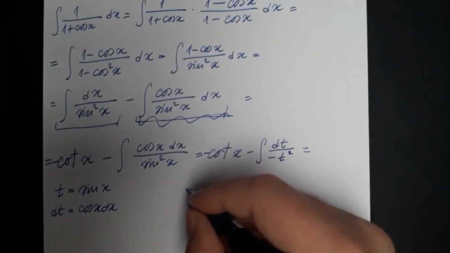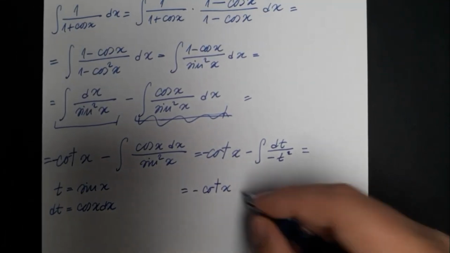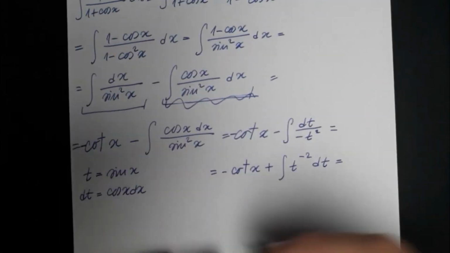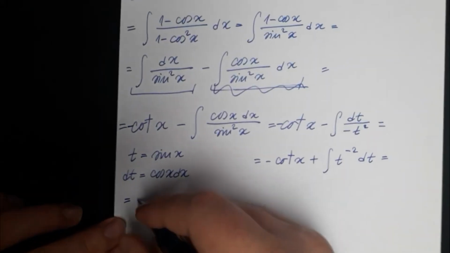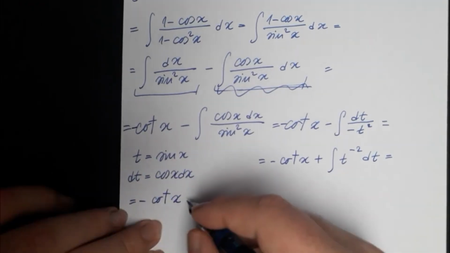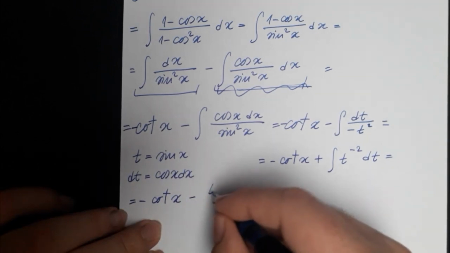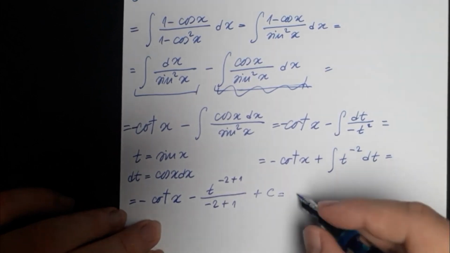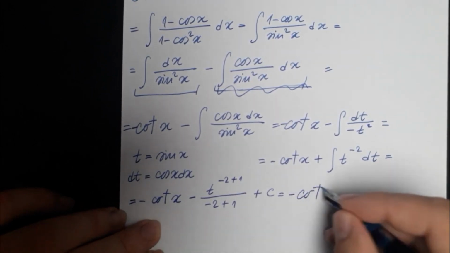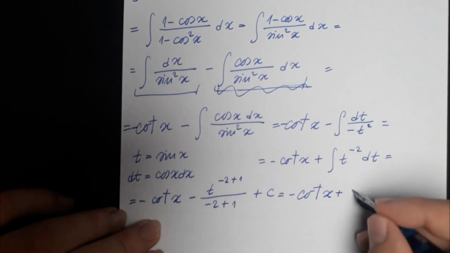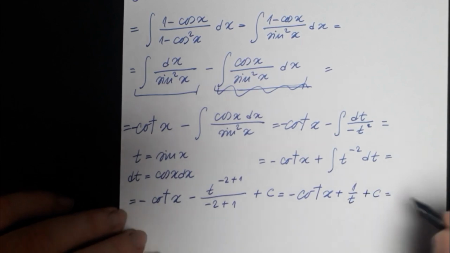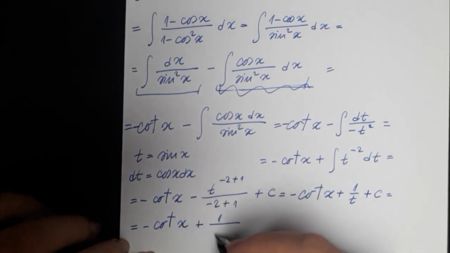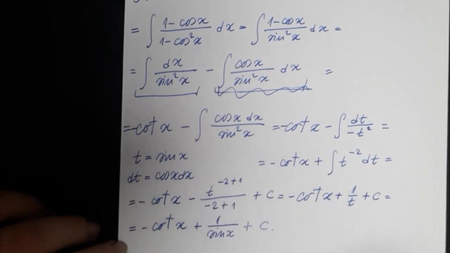So this is then equal to negative cot x plus integral t to the power negative 2 dt. And this is equal to negative cot x. Now this is going to be minus t to the power minus 2 plus 1 divided by minus 2 plus 1 plus c, which is ultimately going to give us minus cot of x plus 1 divided by t plus c, which is negative cot of x plus 1 divided by sine x plus c.